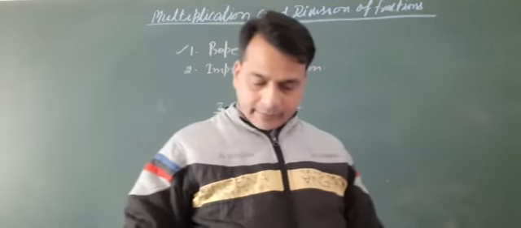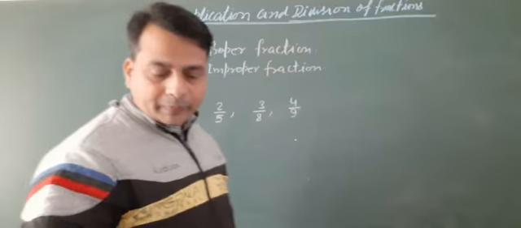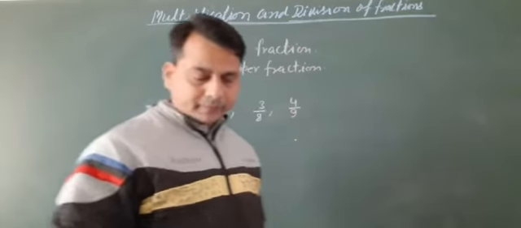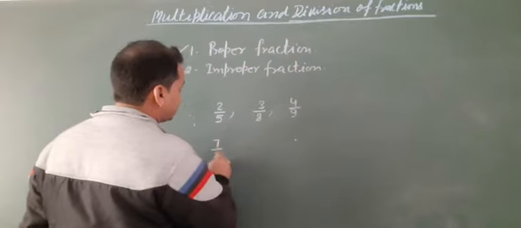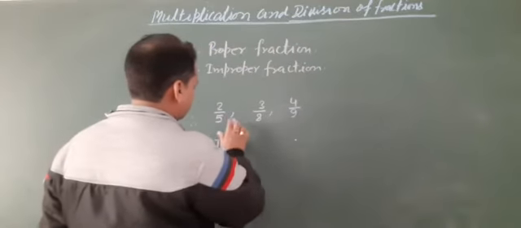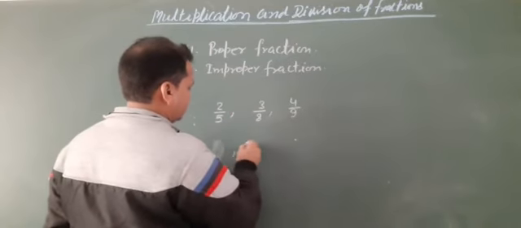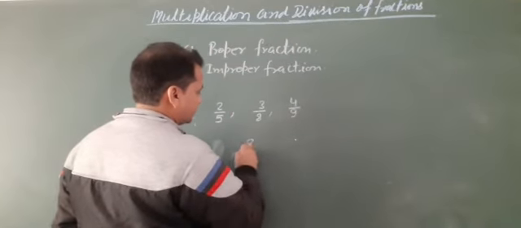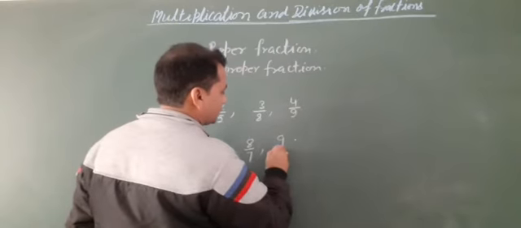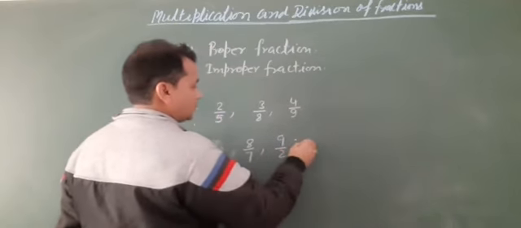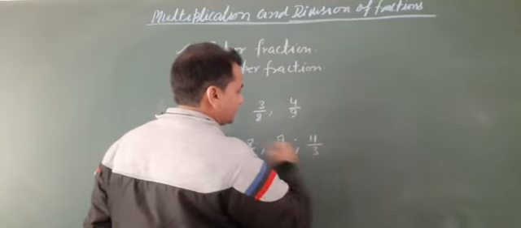And next is the improper fraction: 8 by 7, 9 by 2, and 11 by 3.